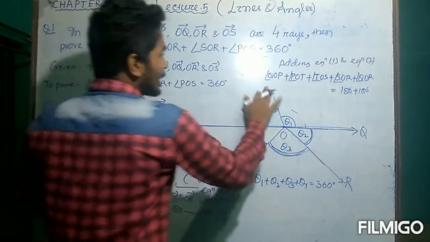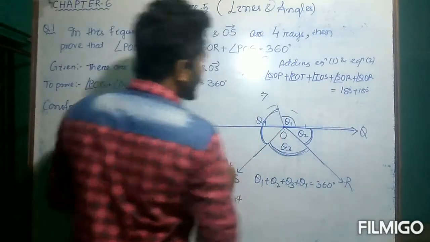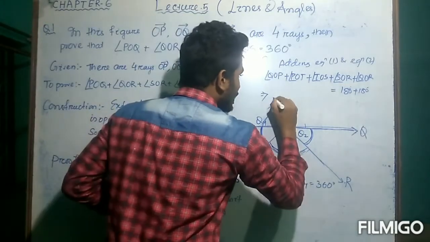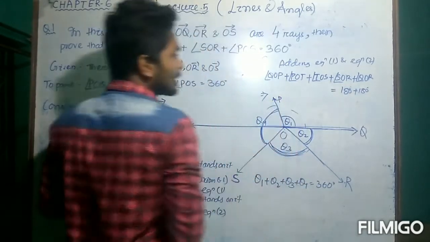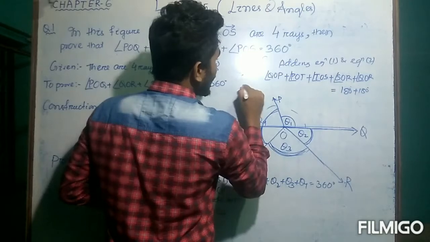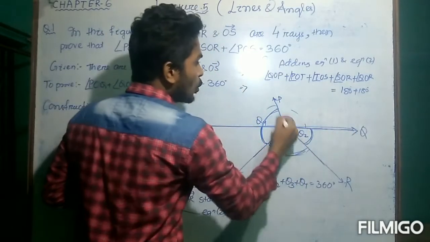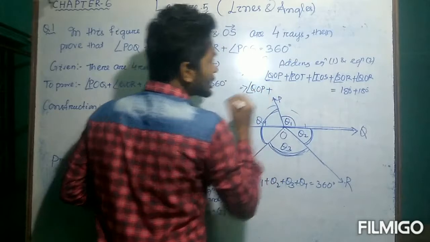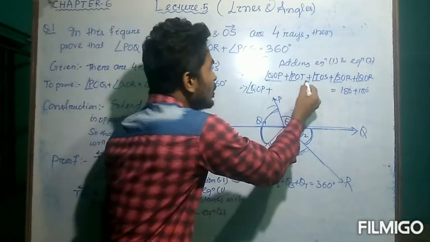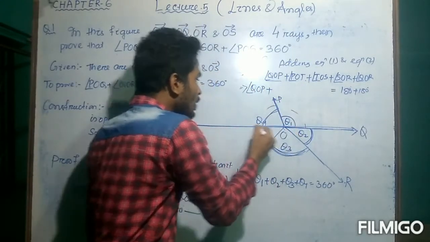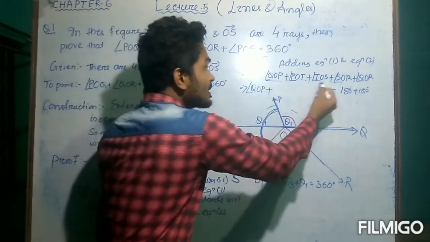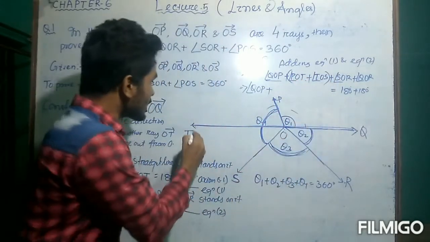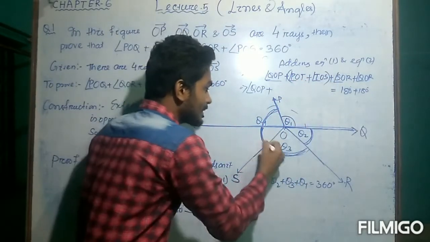Understood? So next thing, QOP. Suppose this is our P, right? So we get QOP plus. Now you see POT. POT means this angle, plus TOS. Make a bracket over them. TOS means this angle.